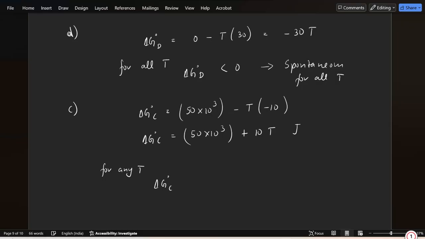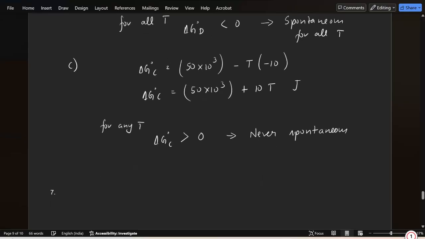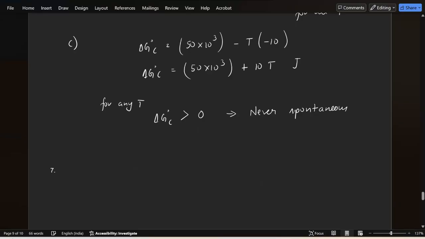So it will always be greater than 0, so it is never spontaneous. Do you understand this, Jaydeep? Yes, sir. So basically, this is what you have to do. You have to calculate like this. Then we'll go to problem B.